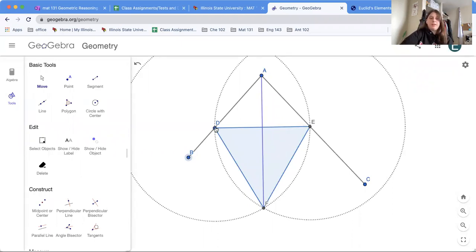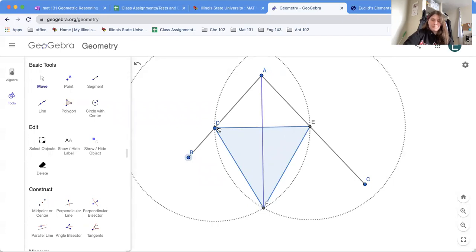And we know that if those are equal, then line AD and AF is equal to AE and AF. And then also the base DF is equal to EF because we used proposition 1 and postulate 1 to create an equilateral triangle.